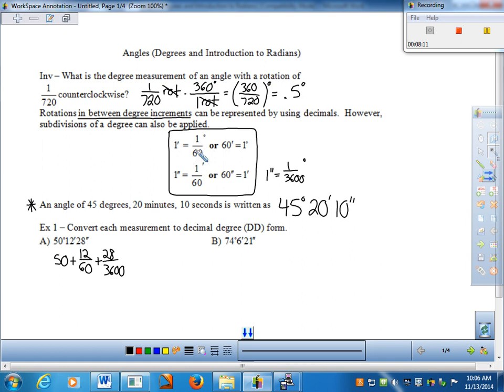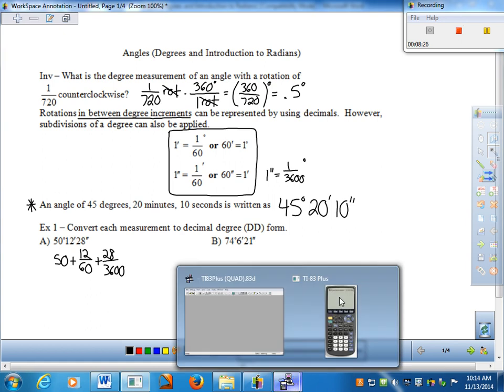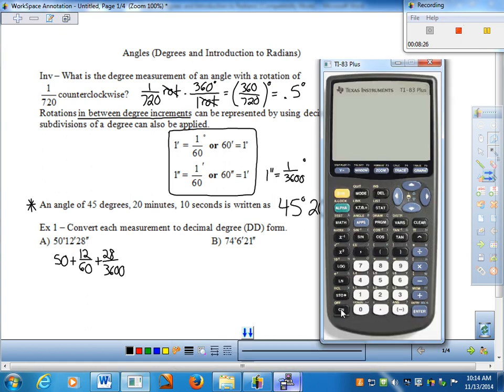Well, we just kind of let the calculator take over here, and so I'm going to go ahead and bring up the calculator and get that piece going. So let's see what we've got going on here. So I'll take my 50, I'm going to add the 12 60ths to it, and then I'll add the 28, and again, just careful with the denominator. That's probably the only piece that would cause any concern, but that would be it right there.